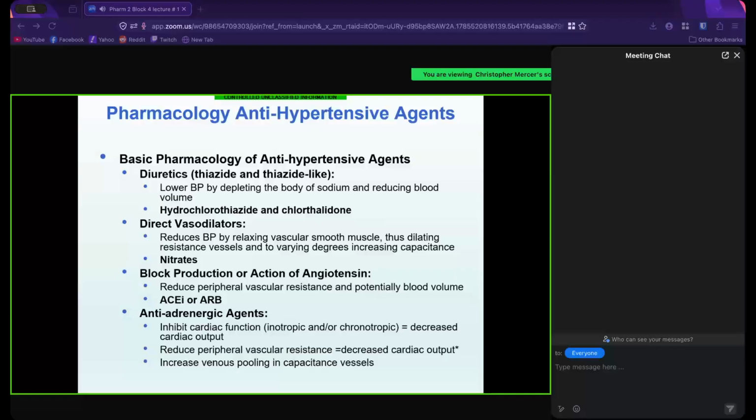Or we have some central actors that can reduce peripheral vascular resistance, which leads to decreased cardiac output. And then we can also have some agents with an anti-adrenergic effect that increase venous pooling in the vessels. So we'll talk about those specifics and the circumstances for them as well.